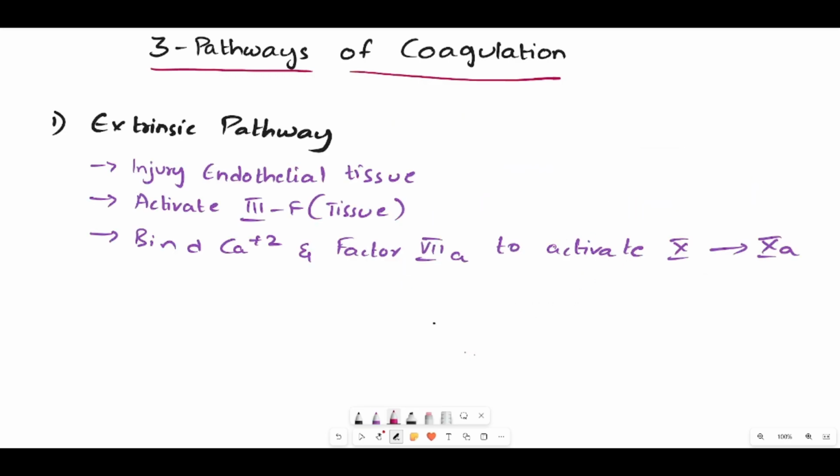The first pathway is the extrinsic pathway. Here you have to remember a few simple points. This pathway is mainly initiated by the injury of endothelial tissue. Whenever there is injury in the endothelial tissue, which is the skin layer, this first activates factor 3, which is the tissue factor.